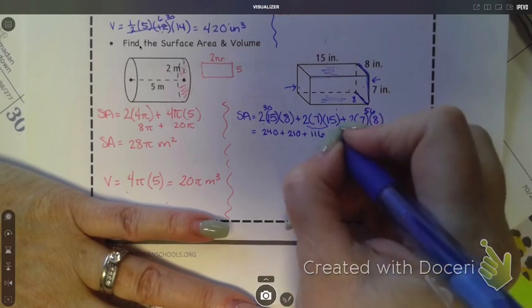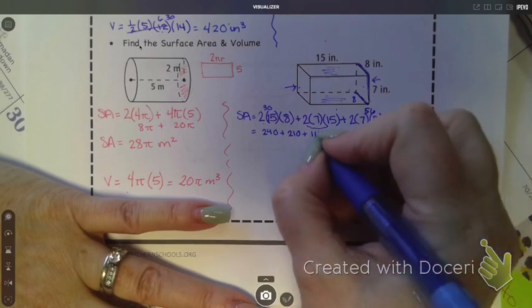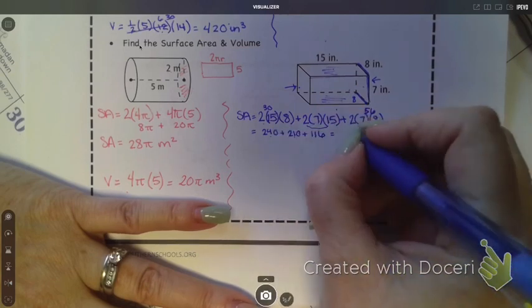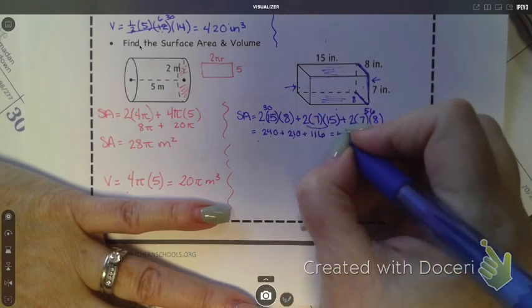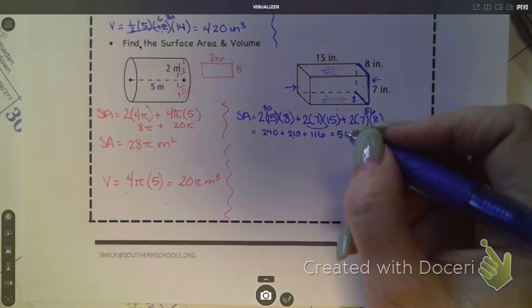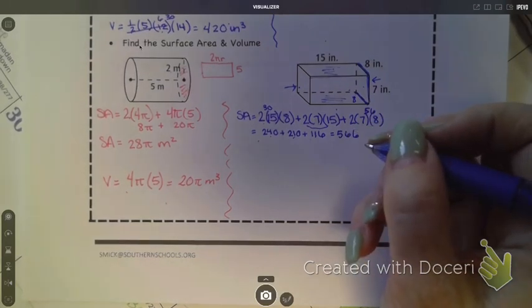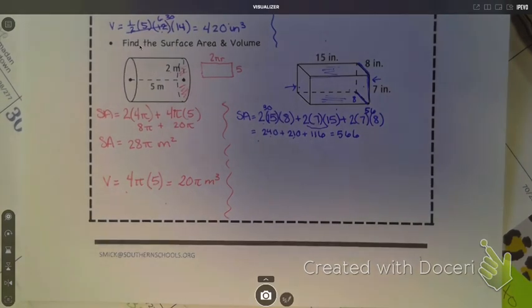Right? So 6, 1, 1, 4, so 6, 2, 4, 5. I get 566. Do you guys get 566? I get 562. Because instead of 16, it's 12.